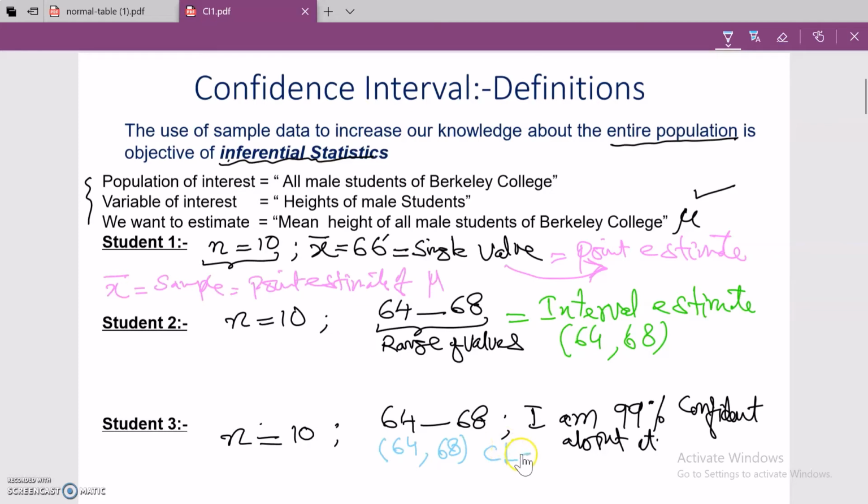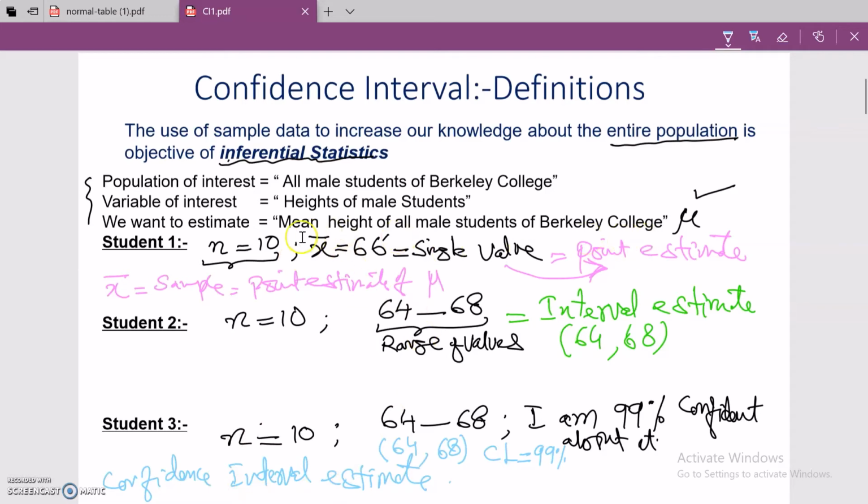He expressed a certain confidence level, and he was 99% confident about it. Such an estimate is called a confidence interval estimate.